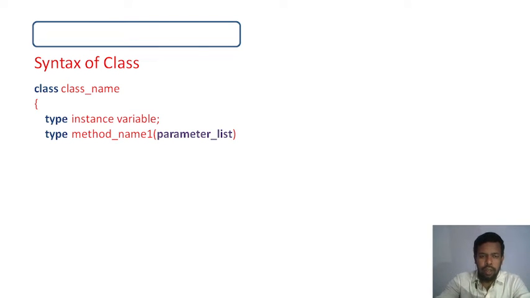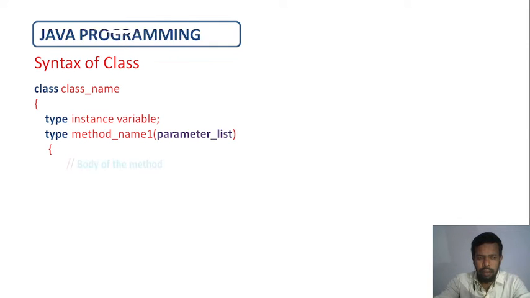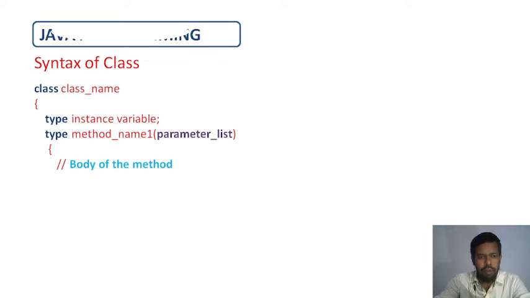Then next, the parameter list. Parameter list means any number of parameters can be given. It is optional, as I told you later. When we define a method, the next thing, open curly braces, follows. Next is the body of the method.